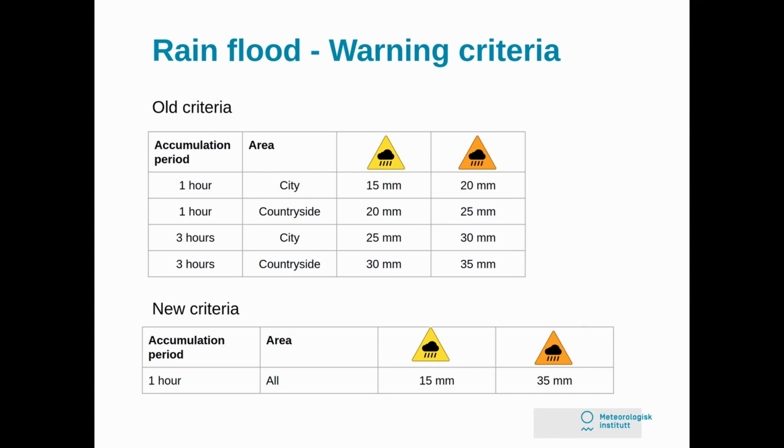Also different criteria for city and countryside, and also different criteria for yellow and orange warning levels. Now we have made it a bit easier for ourselves this year with easier criteria, which is easier also for the public to handle. So 15 millimeters for 1 hour for yellow warning and 35 for orange warning.